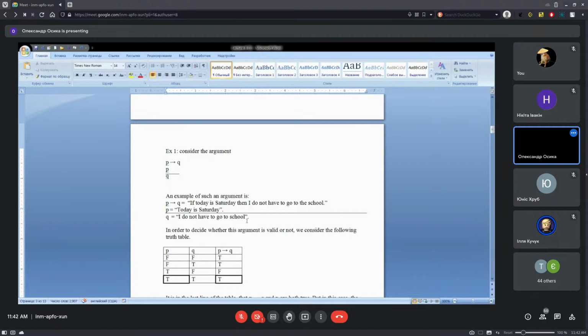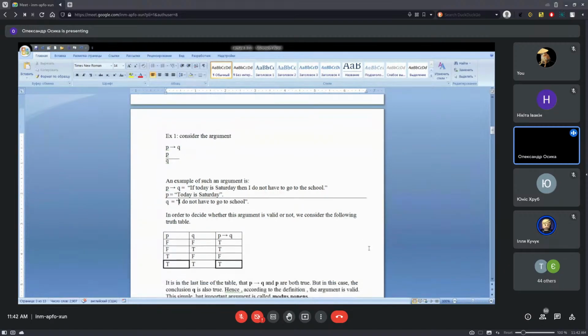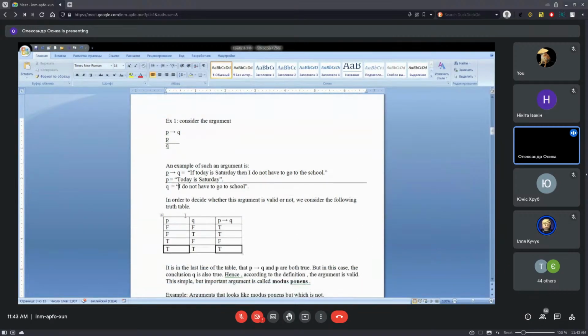I don't have to go to school. In order to decide whether this argument is valid or not, we consider the following truth table. Here we have only P and Q. P, Q, and P implies Q. So this is a premise, this is a premise, and this is a conclusion.